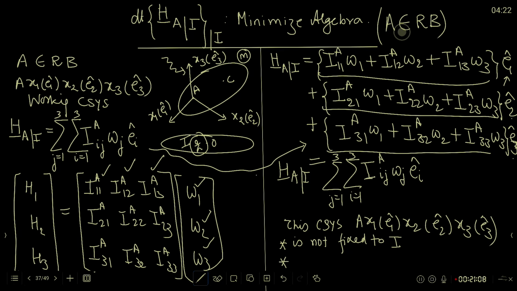The next question is: is this coordinate system fixed to body M? The answer is no, it is not fixed to body M either. Why is it not fixed? Because E1, E2, E3, I have not set anything on it, have no restriction.